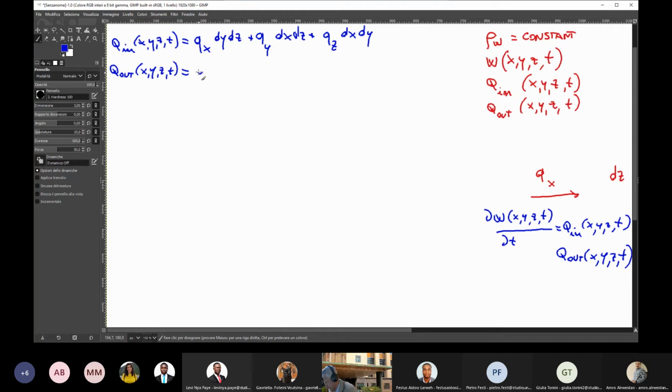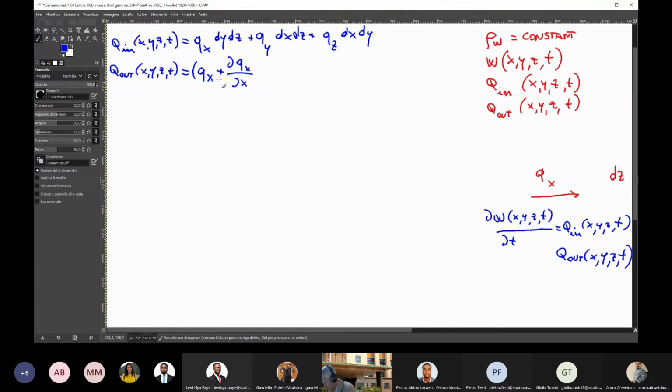So Q out is equal to Qx, which is the flow entering. Okay, it's the specific flow entering. And now I have to refer to the exit surface. Qx is the flow entering, but I have to refer to the exit surface. So let me add the partial derivative of Qx with respect to x.